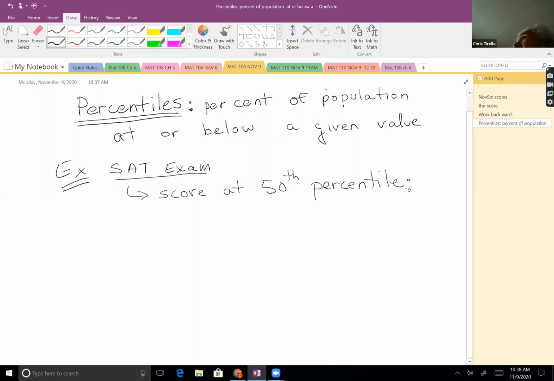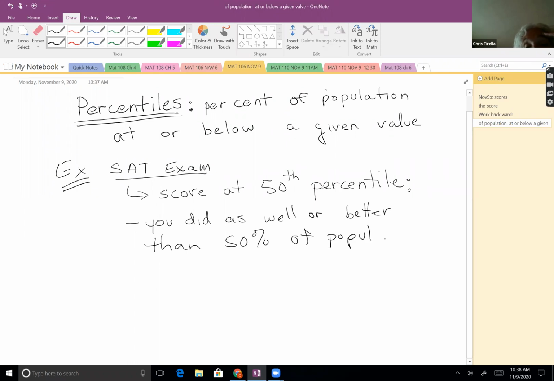Does that mean I did really, really poorly on that test? It means you're average. Yeah, it means you're average. It means you did as well or better than 50% of the population. It means your score is right in the middle.